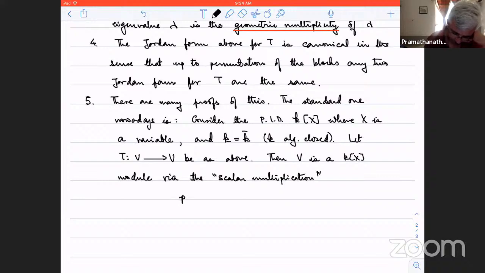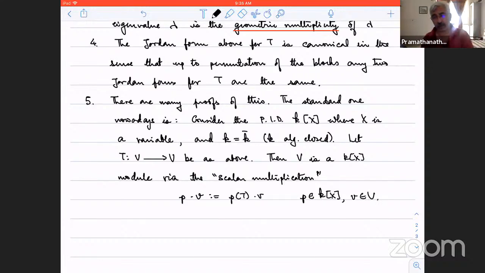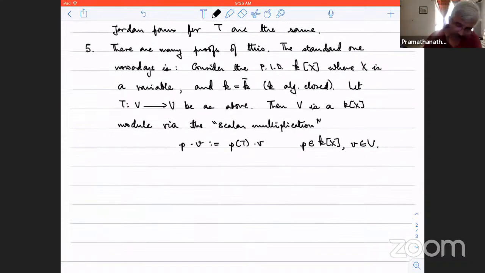take a polynomial and multiply it to a vector v, defined to be p(T)v. That makes it into a module. It's the structure theorem for PIDs, which you will either have learned or will learn very soon. It's one of the first things you learn about modules over principal ideal domains.